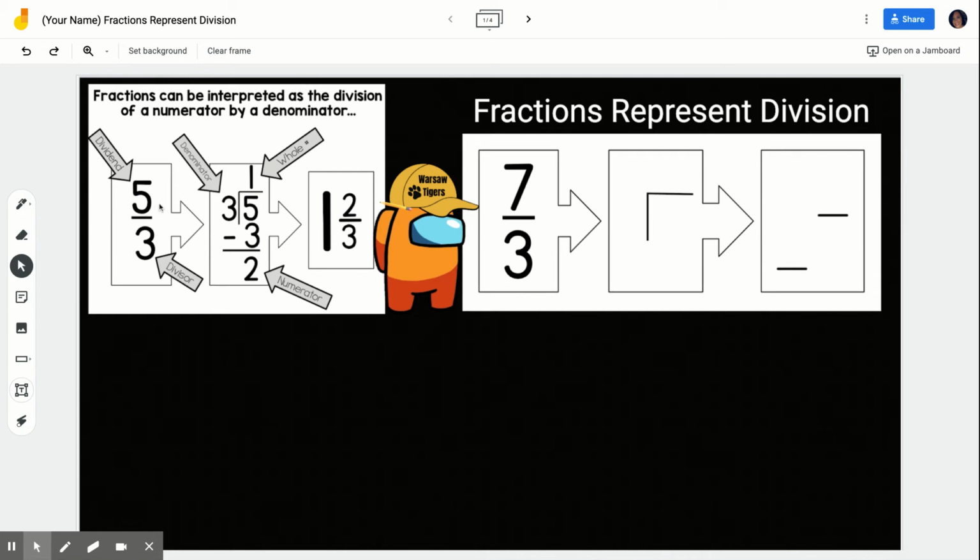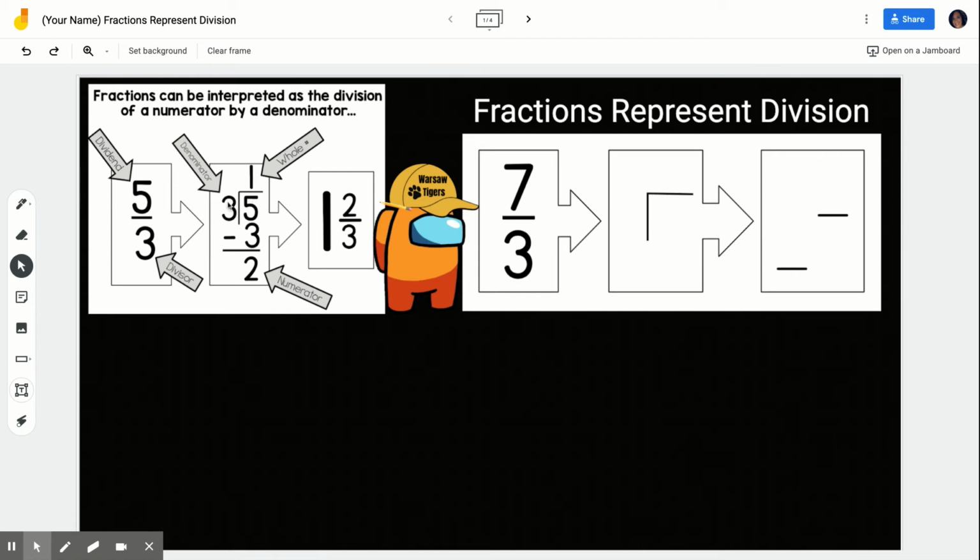But this is showing 5 divided by 3. So just like when we converted, some of you are already saying that's improper and I know exactly what to do with that, and you do. So this is saying 5 divided by 3. The fraction, we say that as 5/3. So we divide as normal.